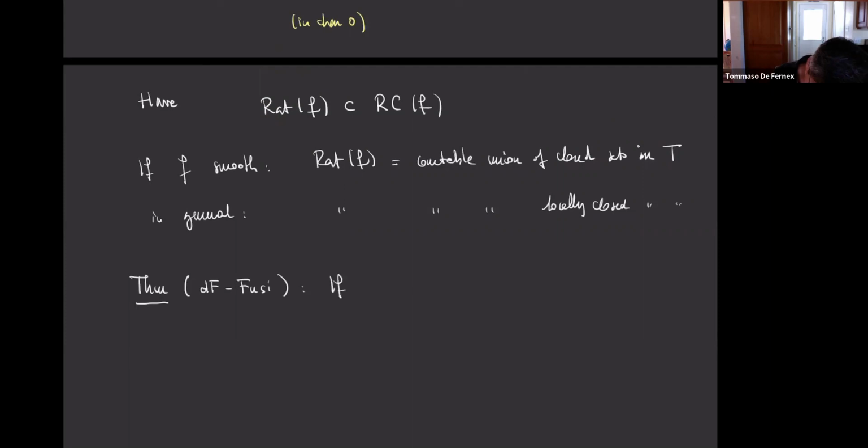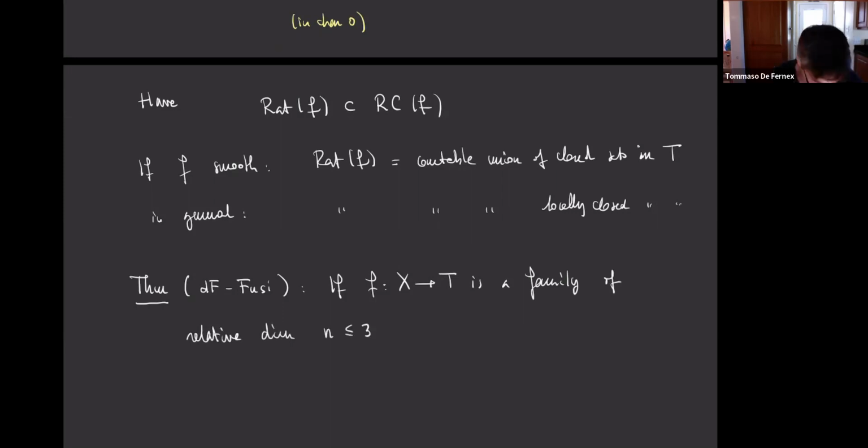So if f from X to T is a family of relative dimension at most 3. Of course, the interesting case is when the dimension is 3.